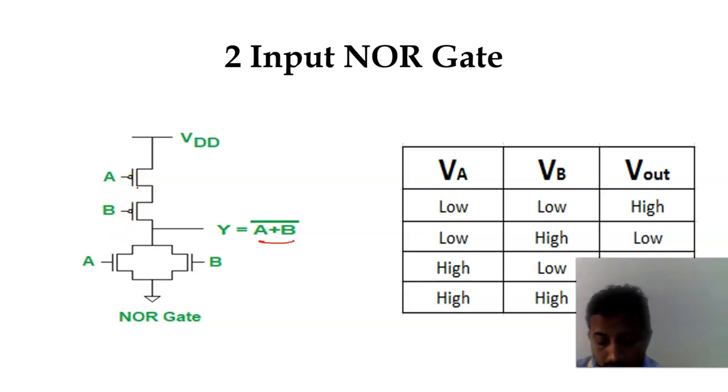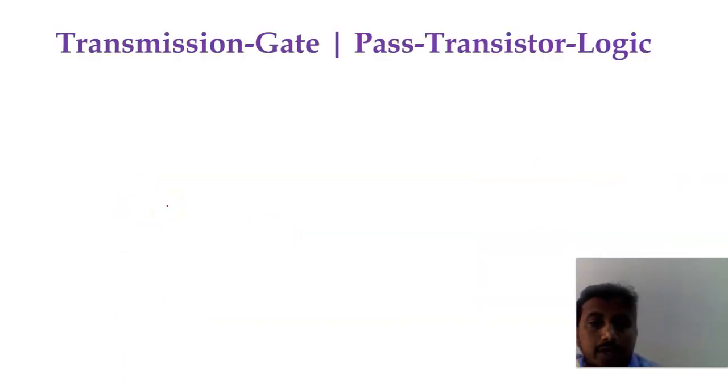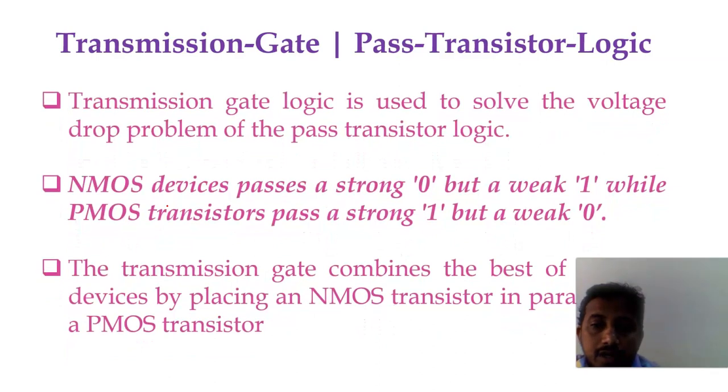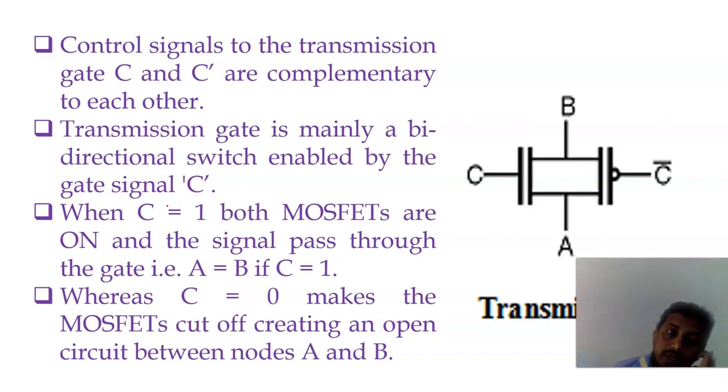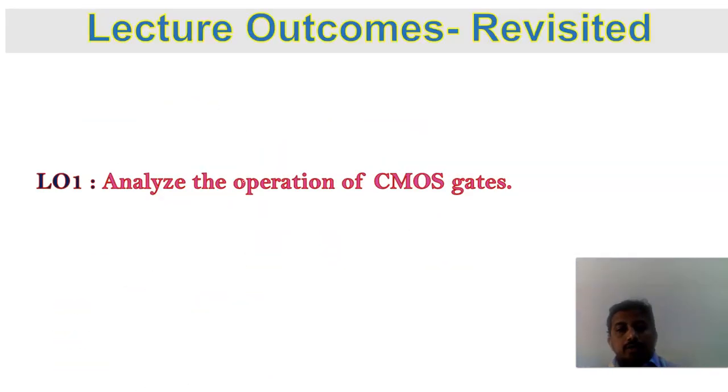Series. So this is about the NOR gate. Similarly, you'll have a transmission gate, connected one or the other, with one side having a transmission gate like this. We'll have a discussion about the transmission gate later on.